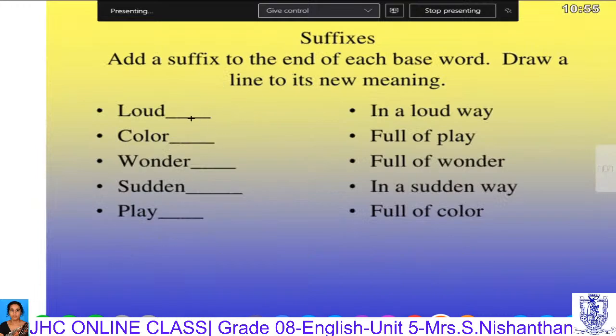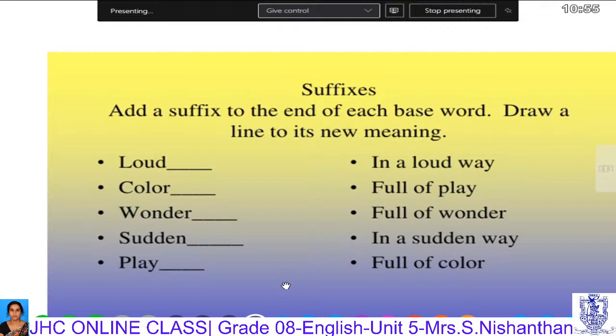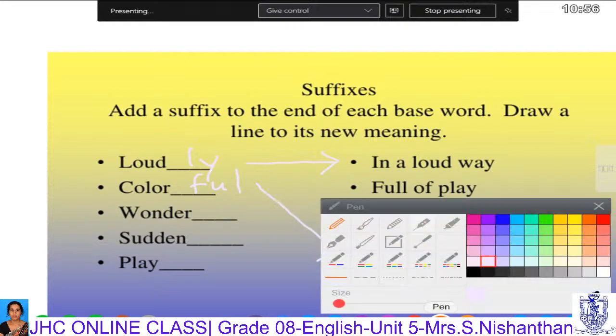Now, you have to add suffixes. Now you have to add suffixes here and find out the meaning also. Loud, loudly, and the meaning in a loud way. Color, colorful, and the meaning is full of color.